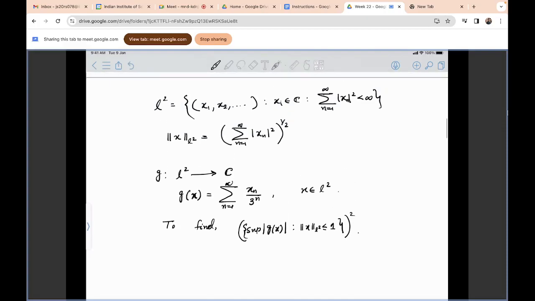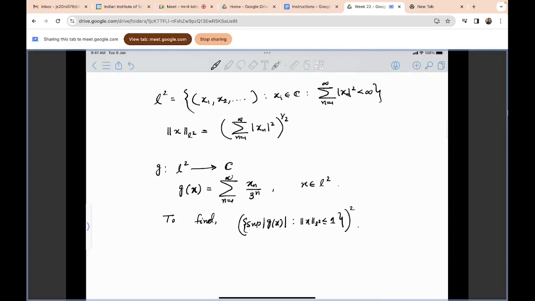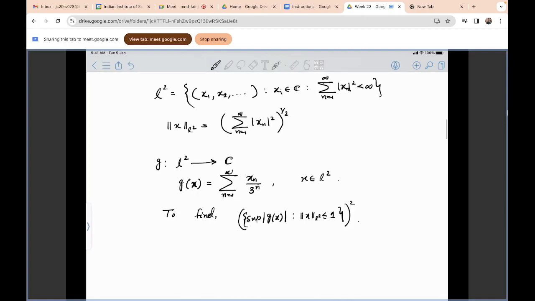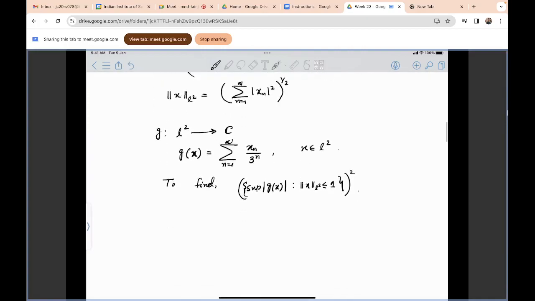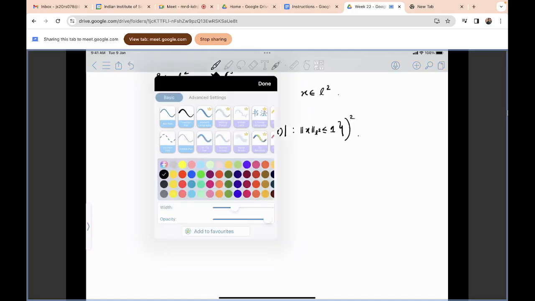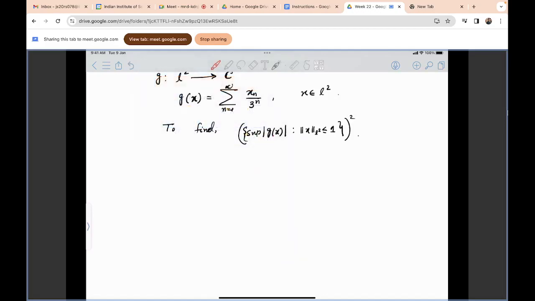Note that L2 is a Hilbert space, so for that we have the Riesz representation theorem. Let me write it down. We'll use the Riesz representation theorem to solve this one.